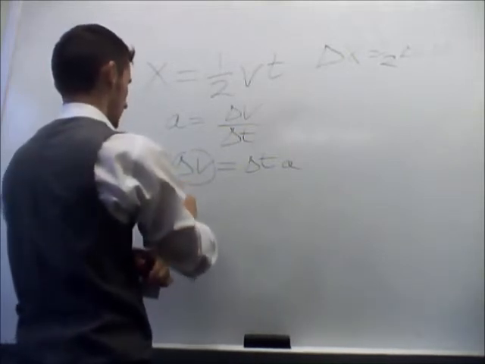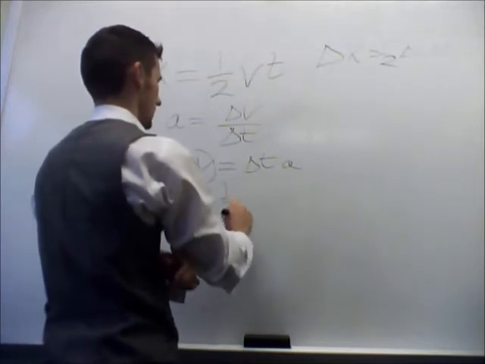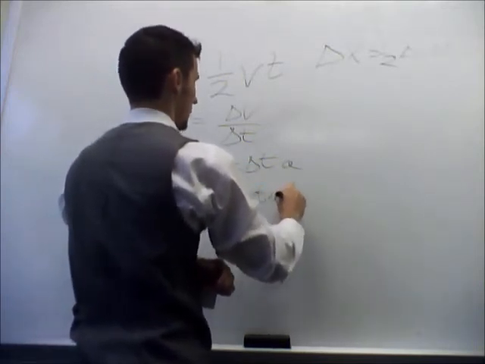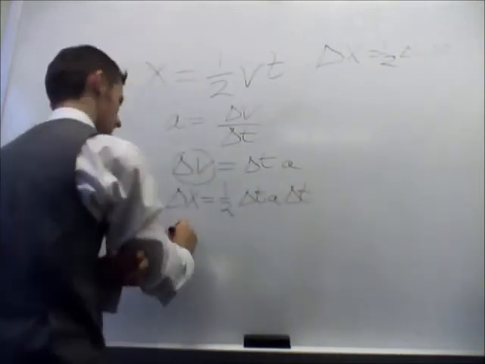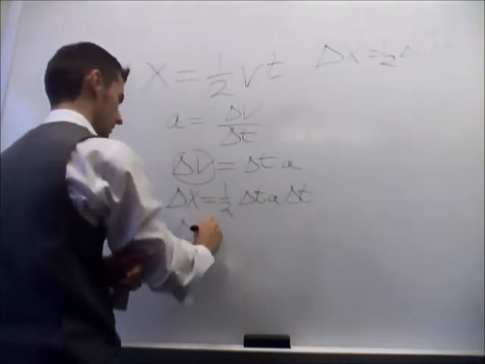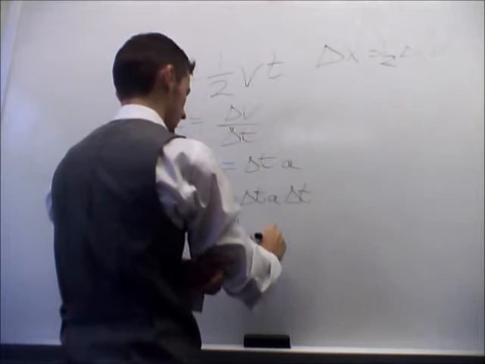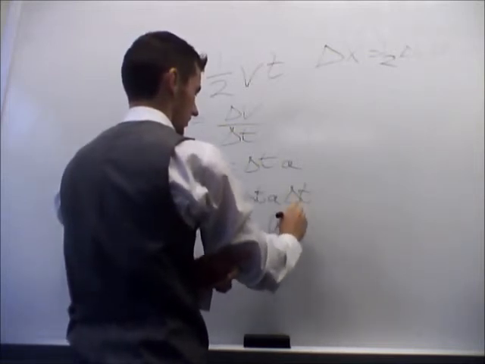So we're going to be left with change in x equals 1/2 change in t multiplied by a times change in t. And we could clean this up, and it'll be change in x equals 1/2 acceleration change in t squared.